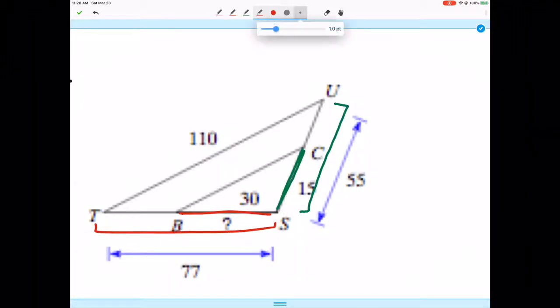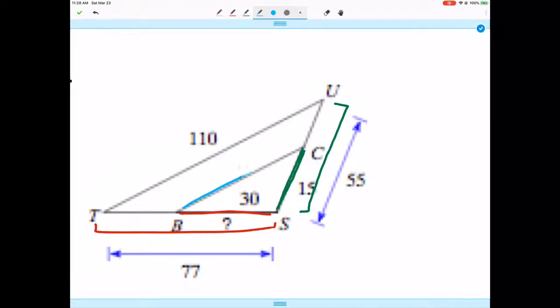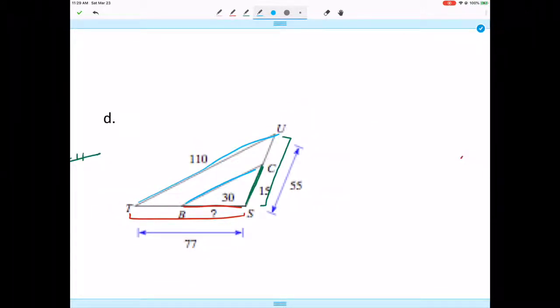Okay, and then if I get one more color, not green, blue, this triangle corresponds to this triangle. All right? And here they basically give you a lot of information. You don't even need that much information to solve these problems.